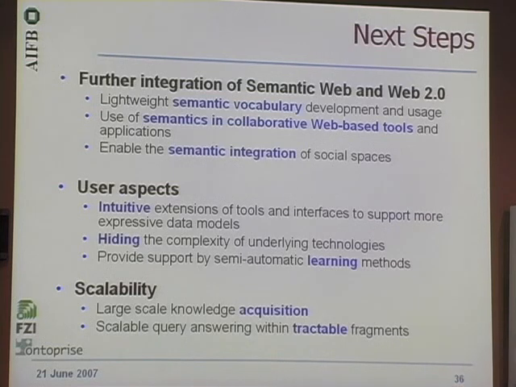We also think by adding some semantic descriptions, we could also provide better means of integrating a huge amount of information that is around in all these social spaces, but that are still disconnected to some extent. And by providing some more semantics, we think there is a lot of opportunity to provide better integration.